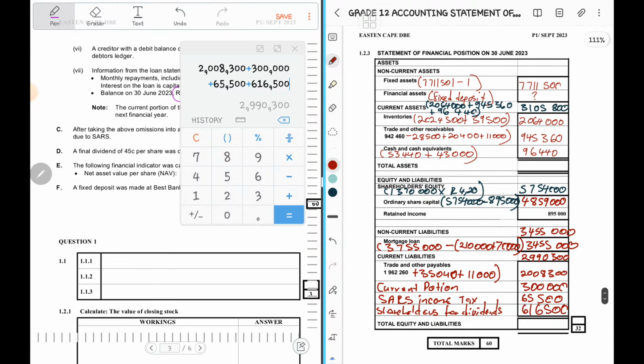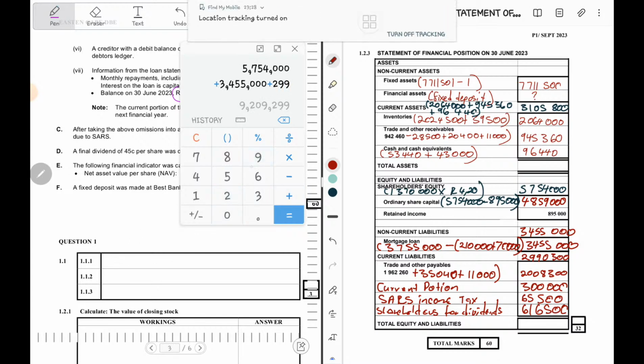Then we just add everything together. So we're going to start with the liabilities since we have everything. So it will be shareholders' equity, which is 5,754,000. Then we add the non-current liabilities of 3,455,000. Then we add the current liabilities of 2,990,300.